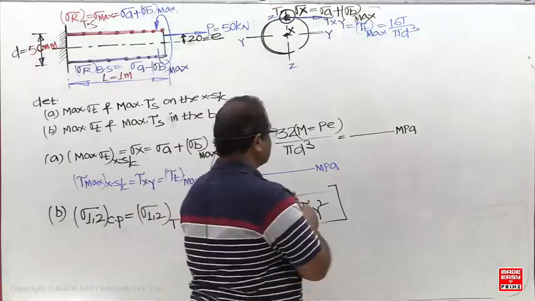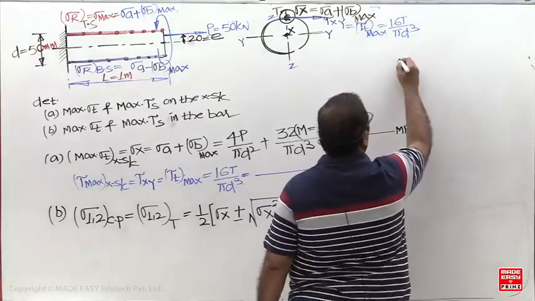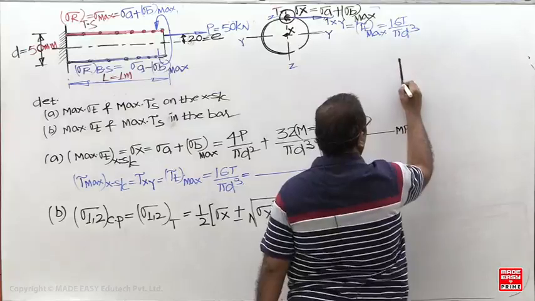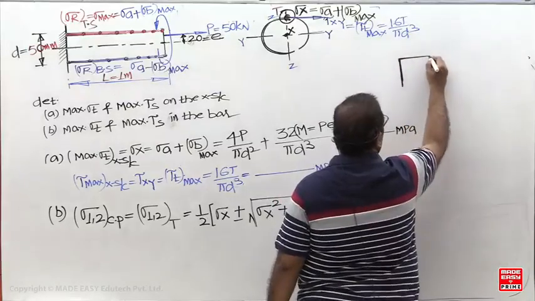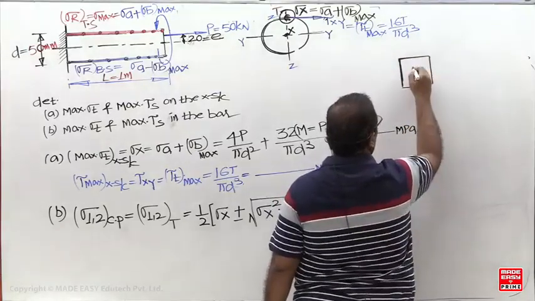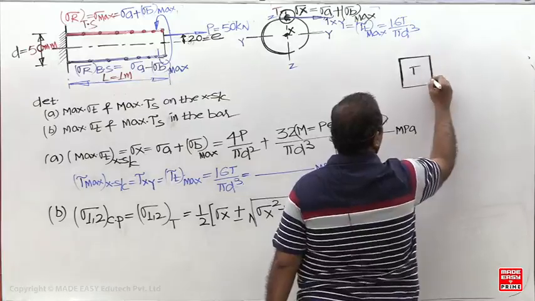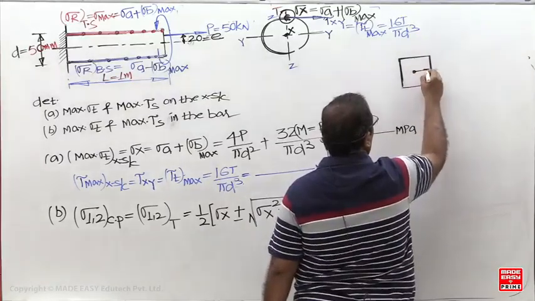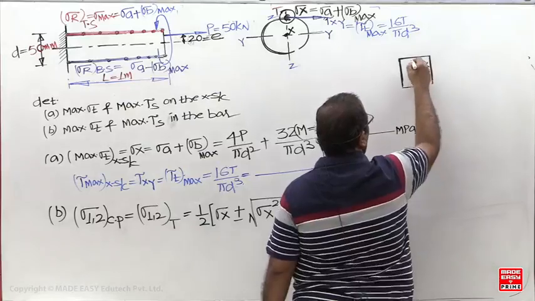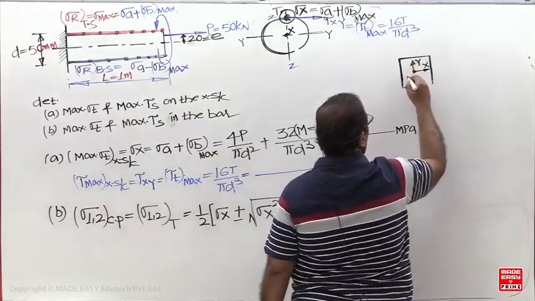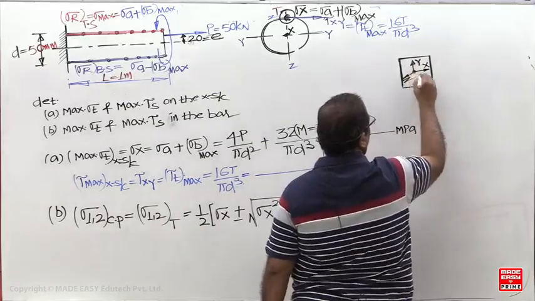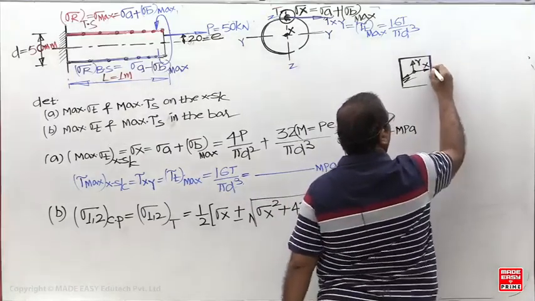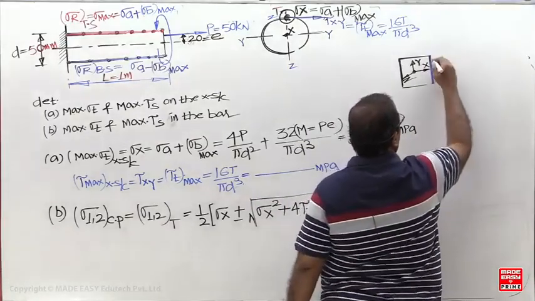What is the state of stress at the top? If you show it in 2D, I have taken this. Now this line is the x face, or cross section.